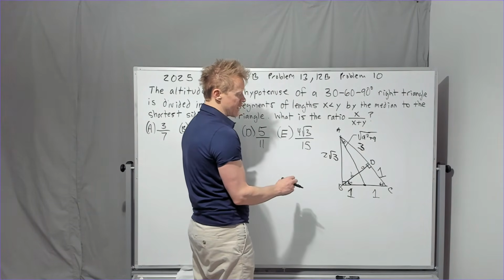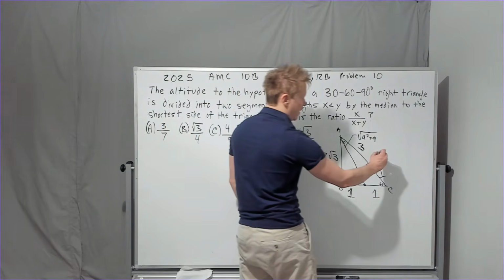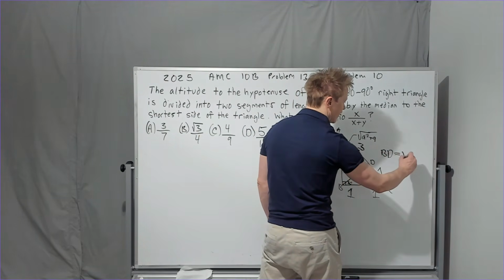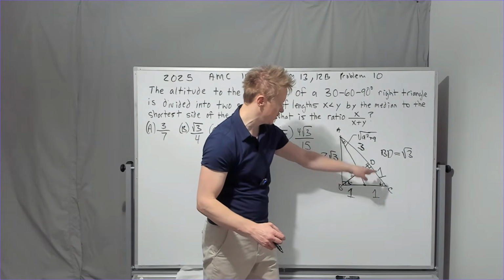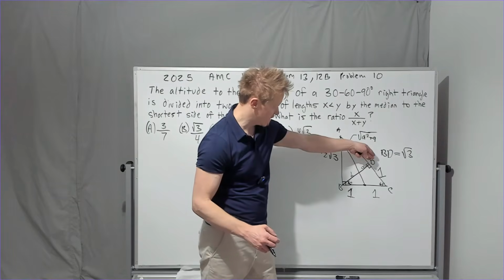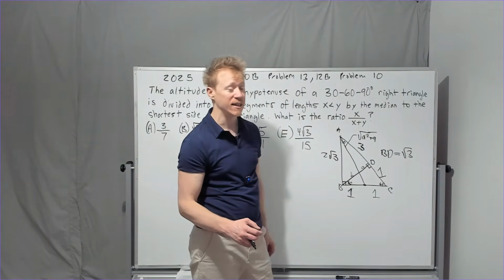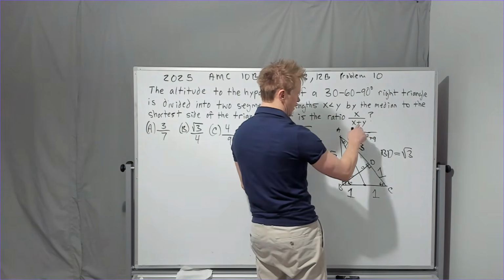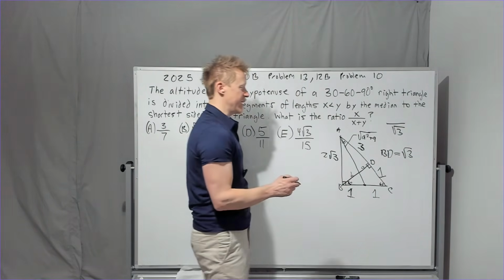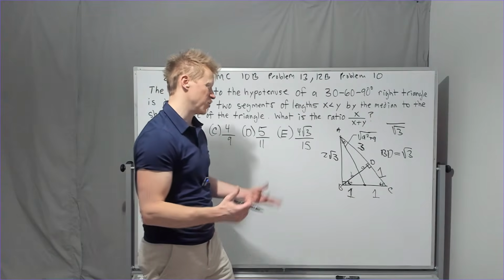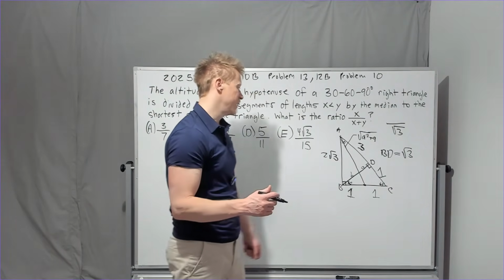And if I do that, we also know, by the way, that BD is equal to root 3 because you have a 1 to 2 to root 3 ratio. This is the side opposite 60. So you know what x plus y is right here. It's going to be root 3. We just don't know what x is, or a in the case that we wrote here.